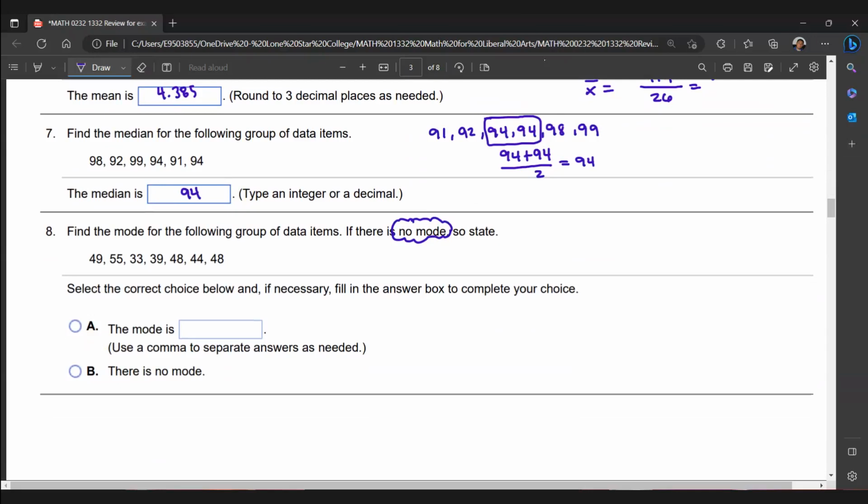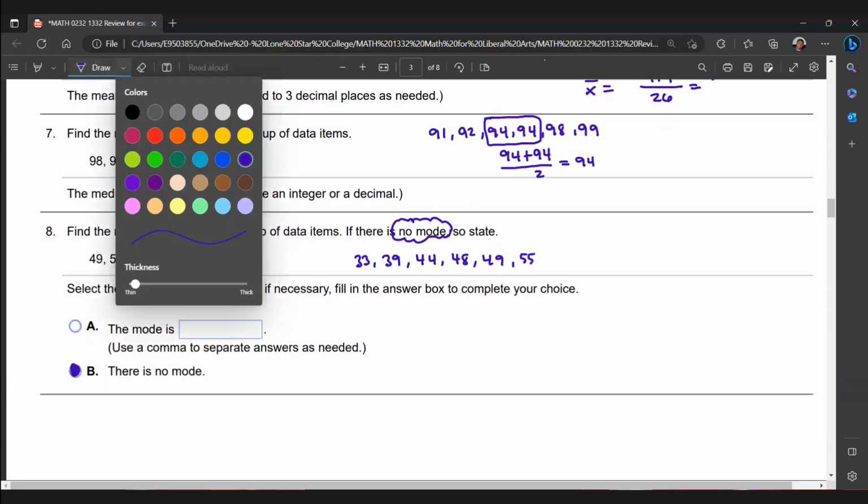I'm going to rearrange this from smallest to largest, just so that I can have some order here. So I see a 44, then I see a 48, I see 149, and I see 155. And I notice that none of these data items repeat more than the others. They all show up only once, so there is no mode.